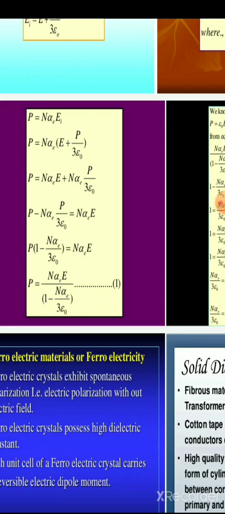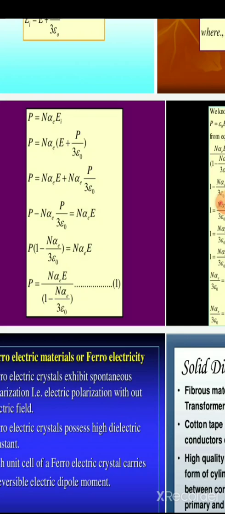Take that N alpha E capital E to the left hand side: P minus N alpha E P by 3 epsilon naught equals N alpha E capital E.